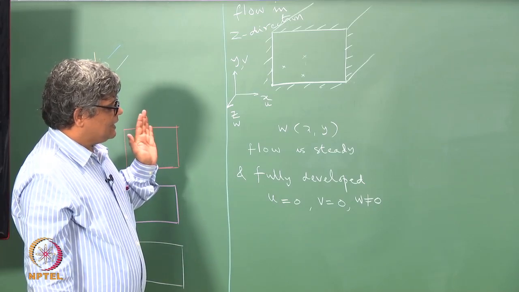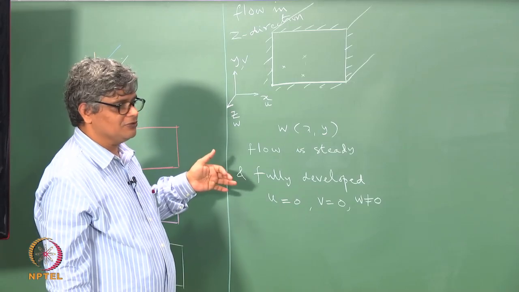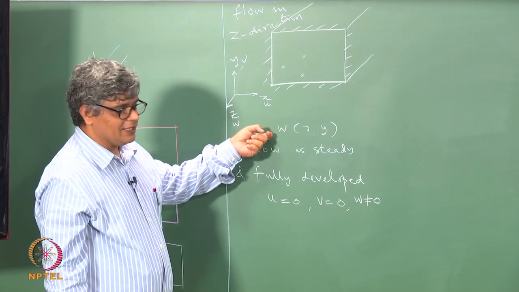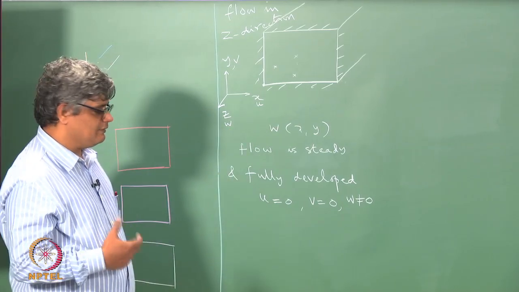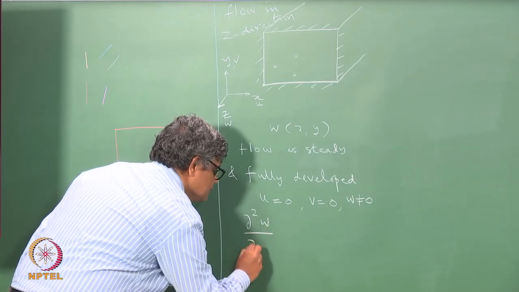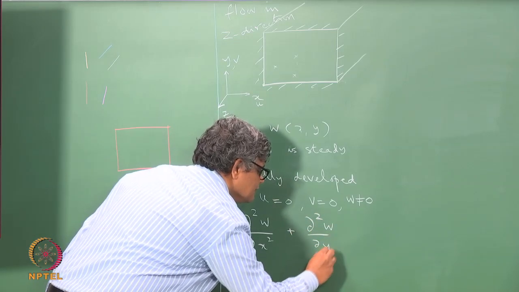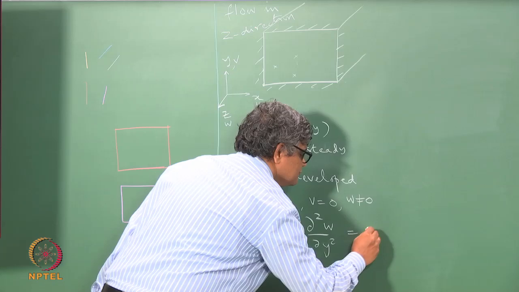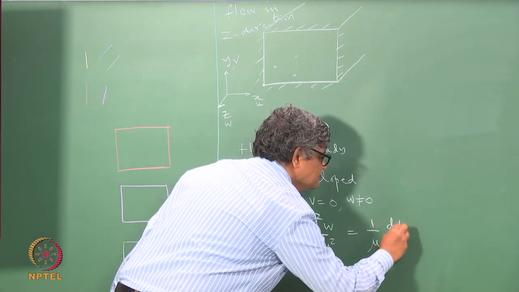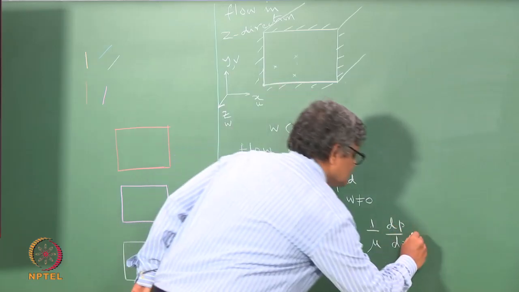Now, if you want to find out this, of course we can make measurements, but the idea is to calculate it, and we will see that the variation of the W component of velocity is given by a partial differential equation which can be written as ∂²W/∂x² + ∂²W/∂y² = 1/μ dp/dz, which is a constant.